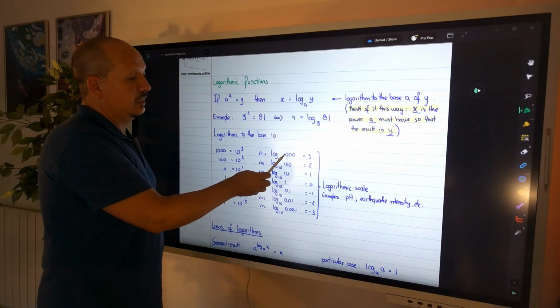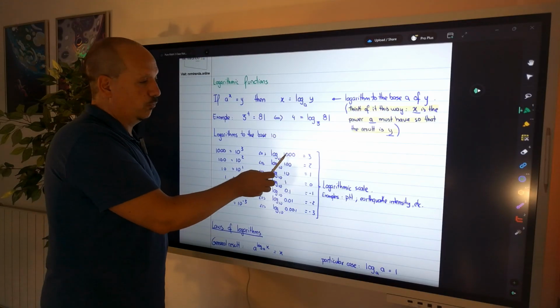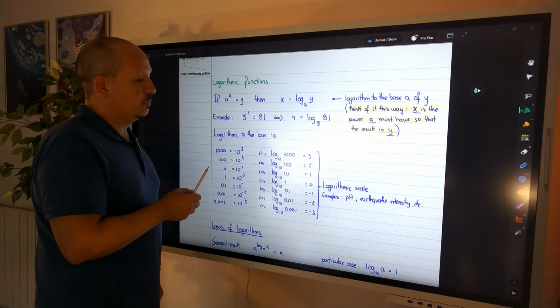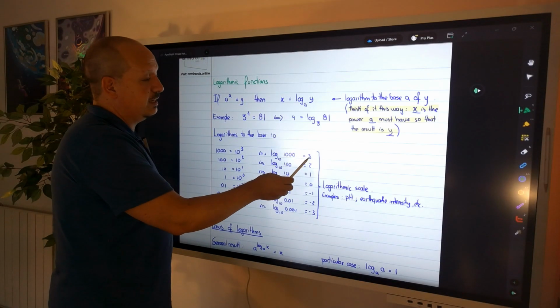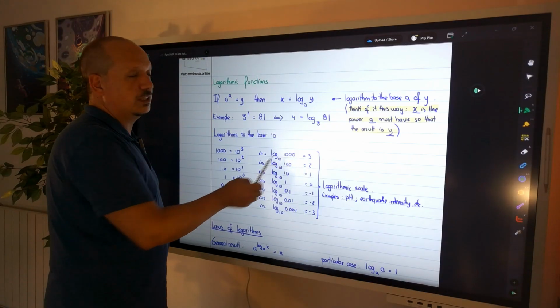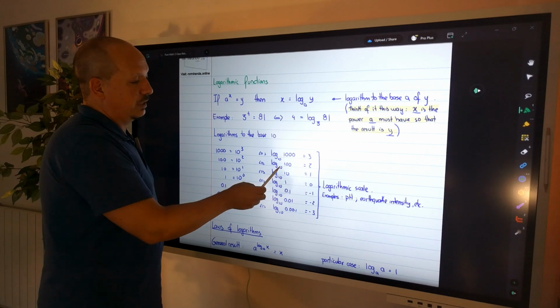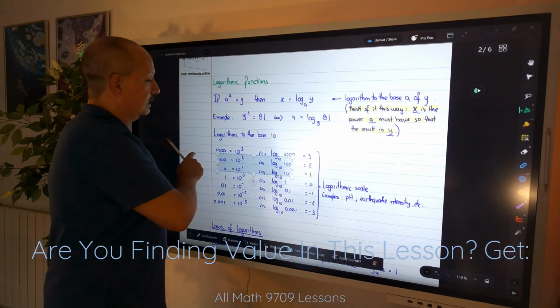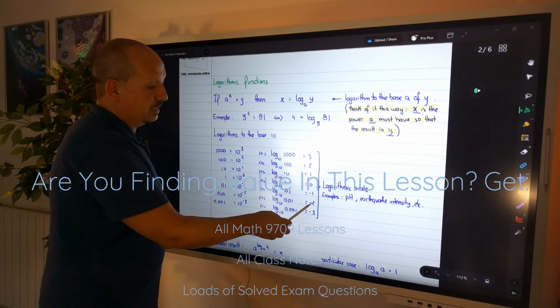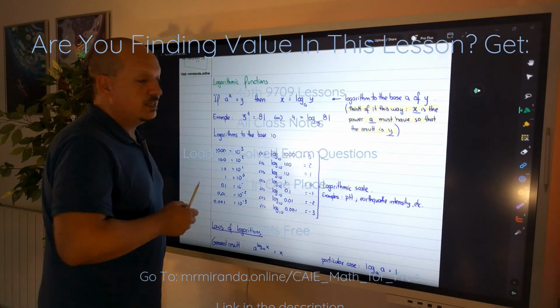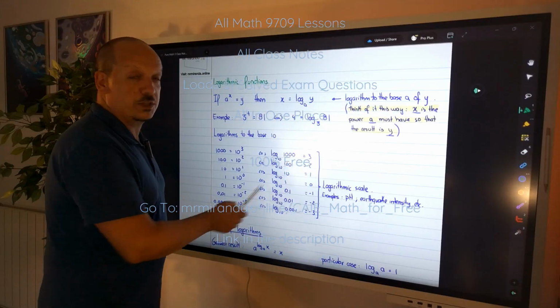Log base 10 of 1000 is 3. What does this mean? This means that 3 is the power 10 needs to have so that the result is 1000. 2 is the power that 10 needs to have so that the result is 100. Minus 2 is the power that 10 needs to have so that the result is 0.01.